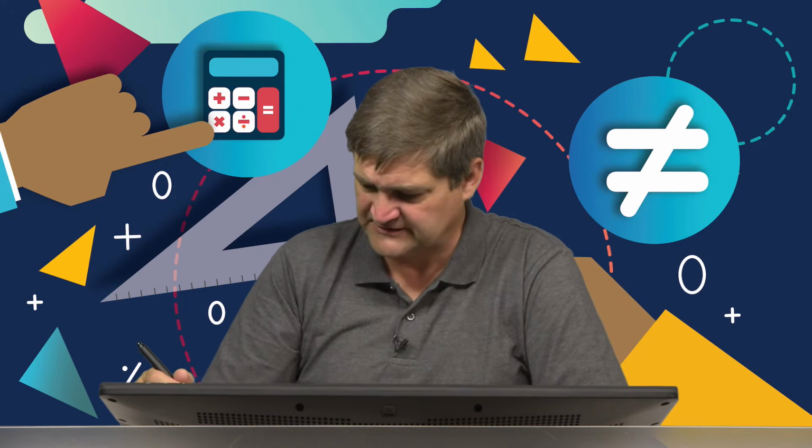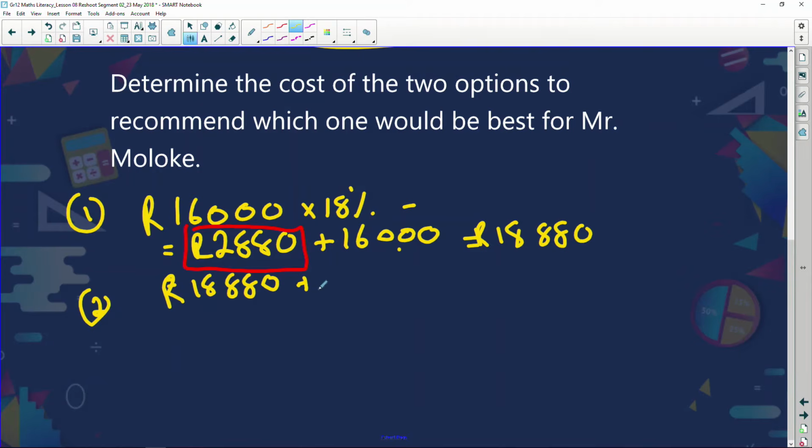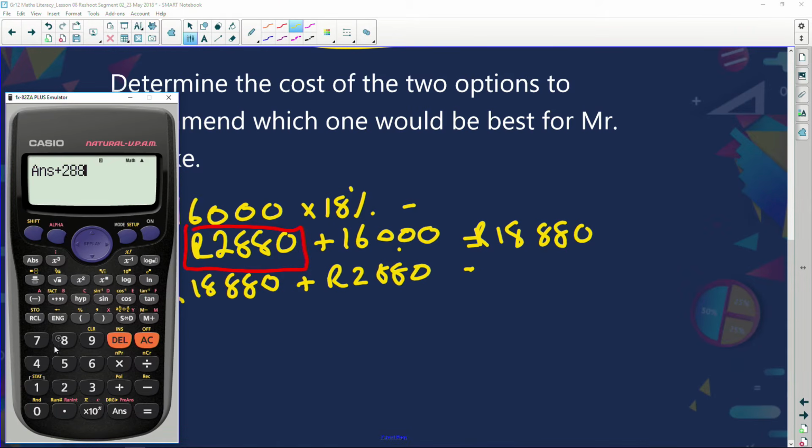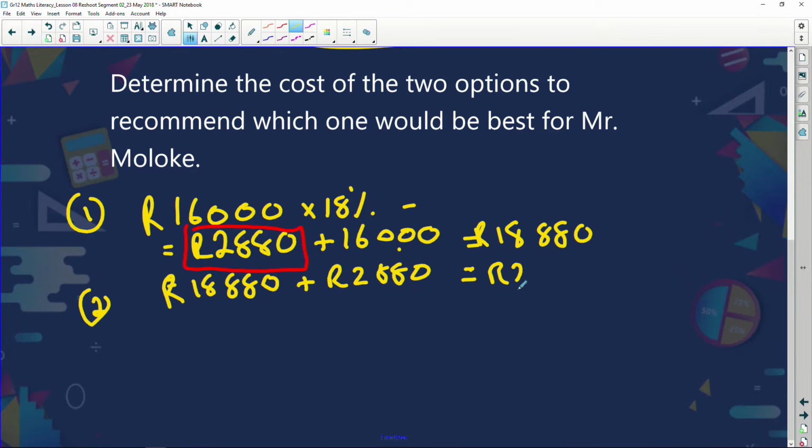It's the interest on the amount I borrowed. So the interest for every year is going to be this 2,880. So let's do this quickly. This is getting exciting. Plus 2,880 Rand equals 21,760 Rand.